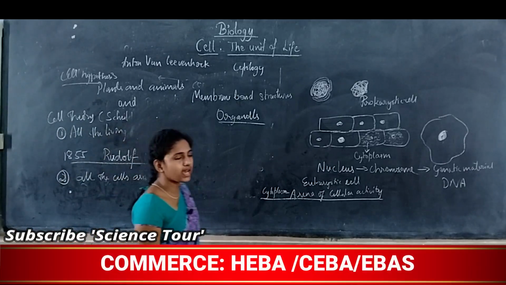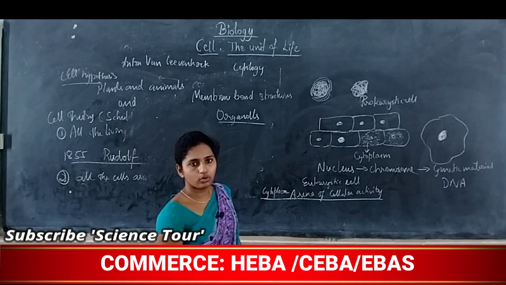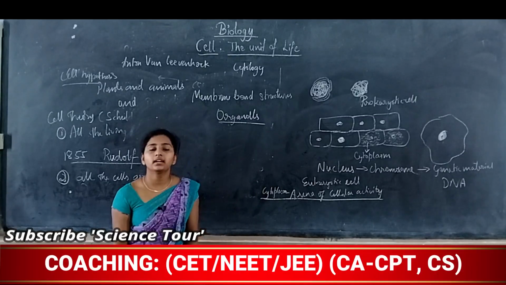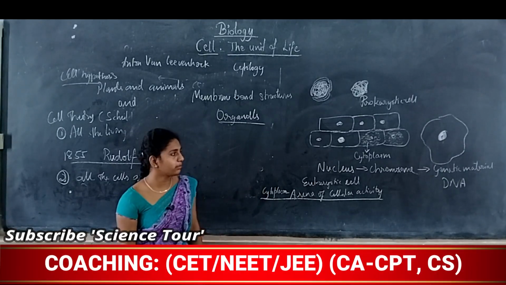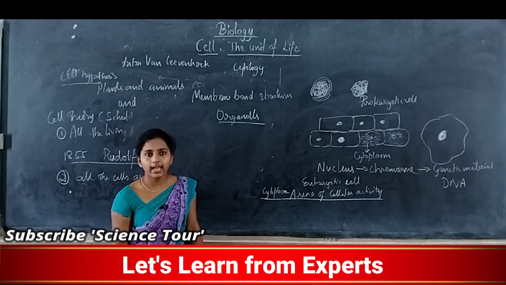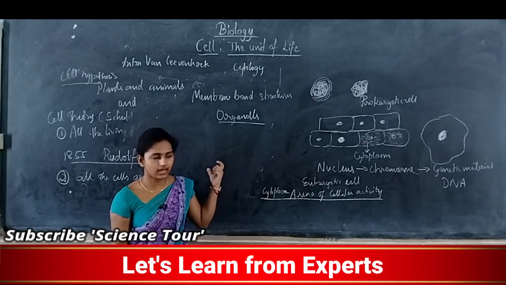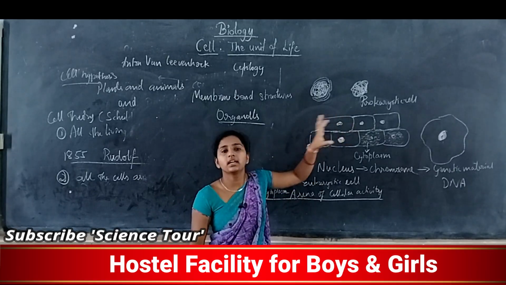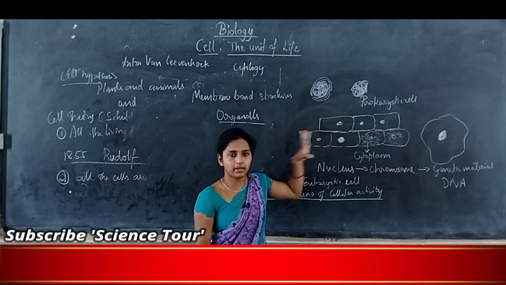Usually these organelles are present in eukaryotic cells. Different types of organelles are present in eukaryotic cells, and the prokaryotic cell will lack membrane bound organelles. Okay, your prokaryotic cells alli untalla ee membrane bound organelles alla present irudilla.